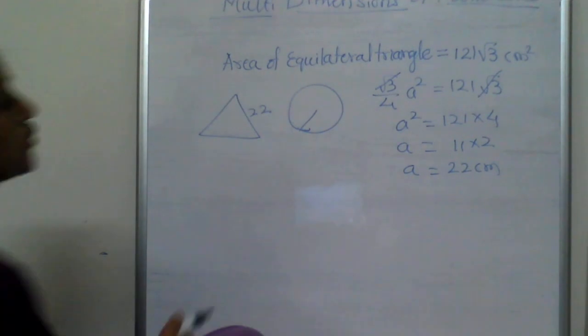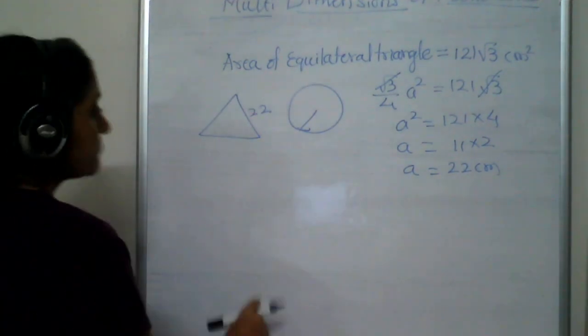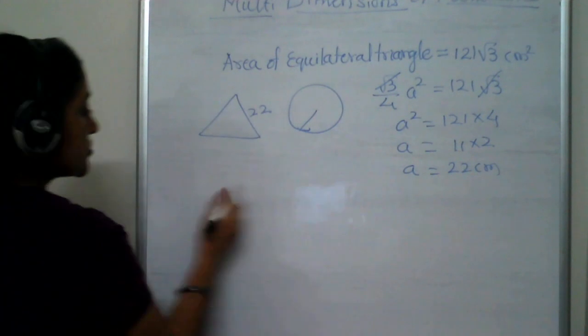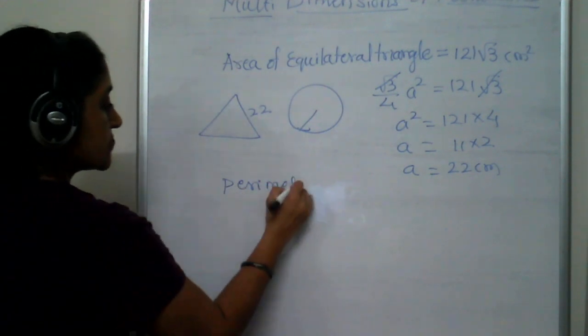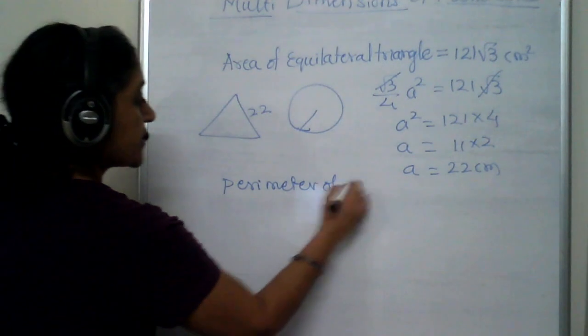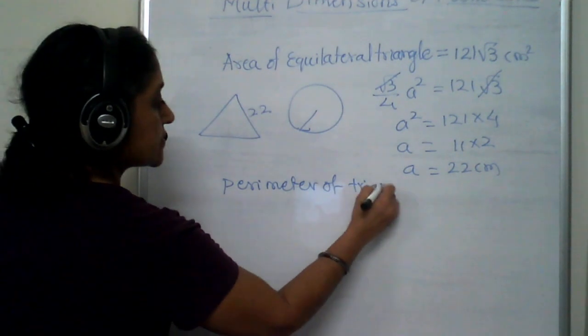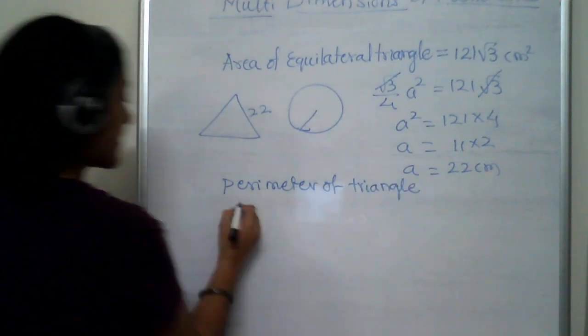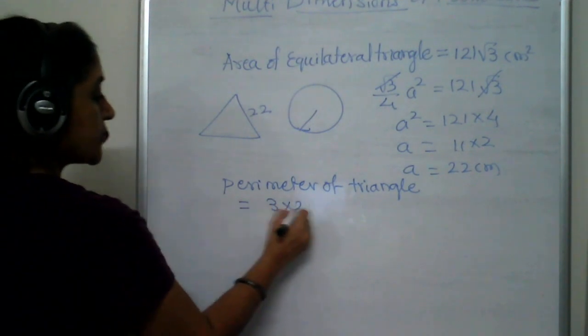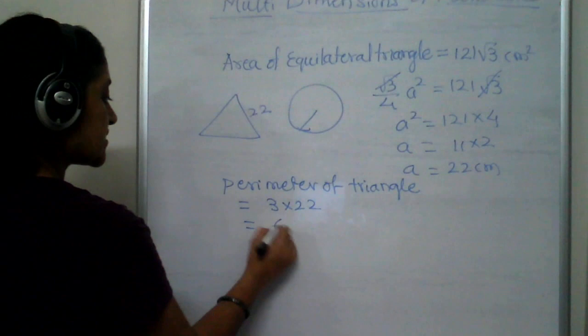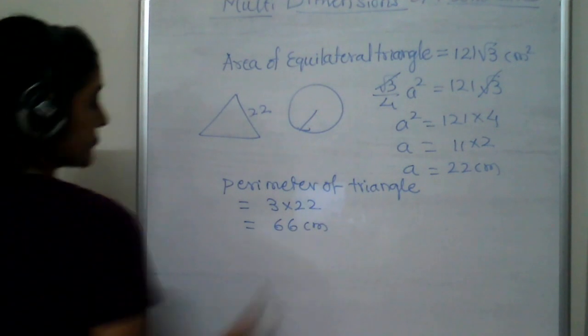That's how you will have to work. Okay, now a we know, so we'll find the perimeter of the triangle. It is an equilateral triangle, so 3 into 22, that gives you 66 centimeter.